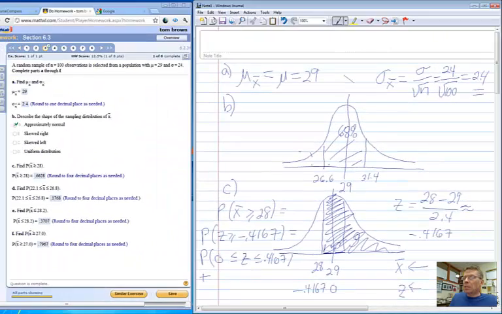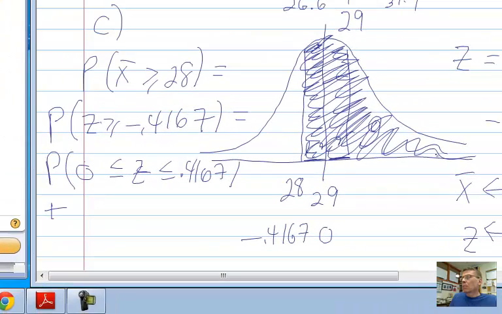Plus, I've taken the area here, and I want to add it to the area that's to the right of 29 in the x bar world, or 0 in the z world. So it's going to be plus 0.500.